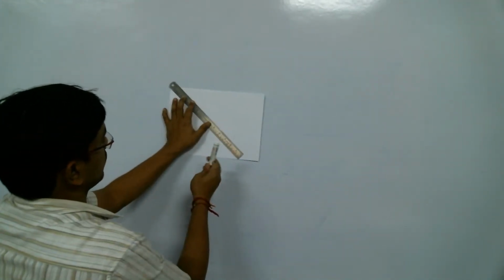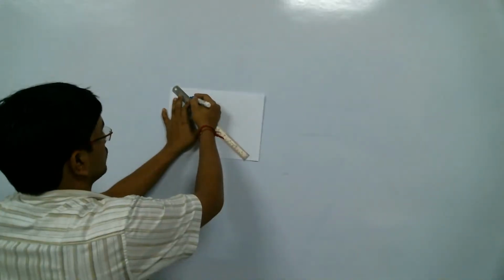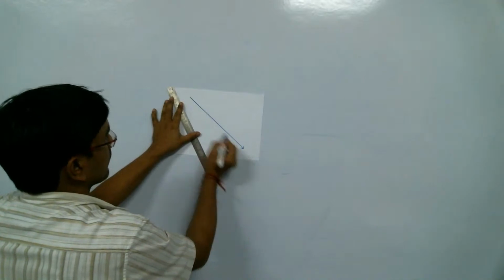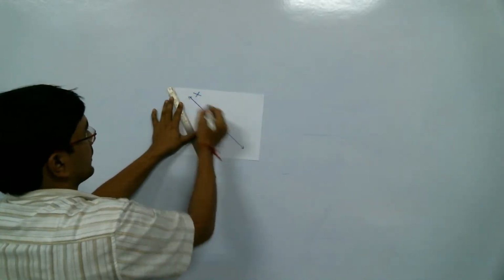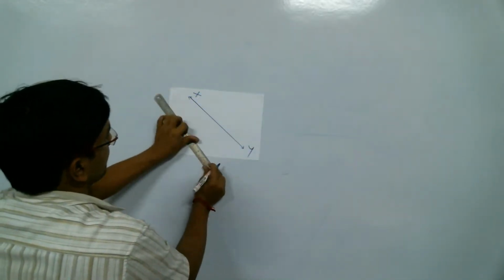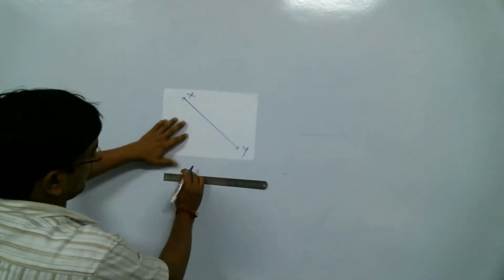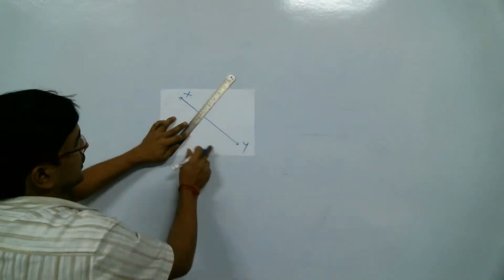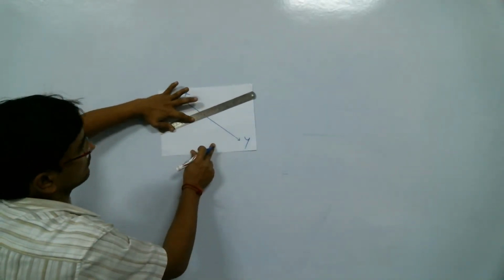With the help of this ruler, I'm drawing a line. Suppose I name it XY. Now I will draw just another line. So here I have one more line.